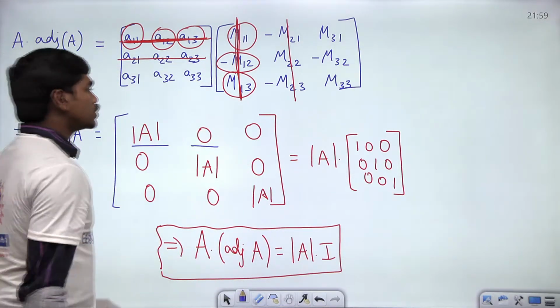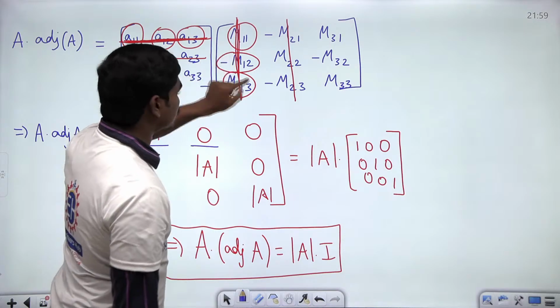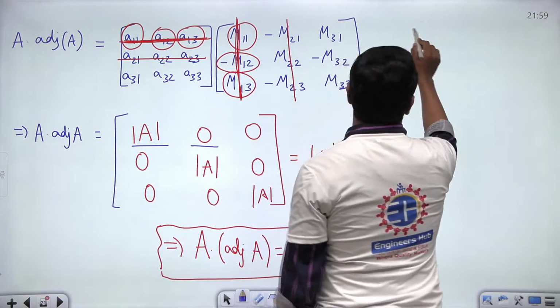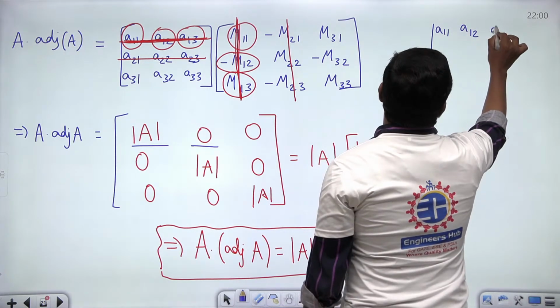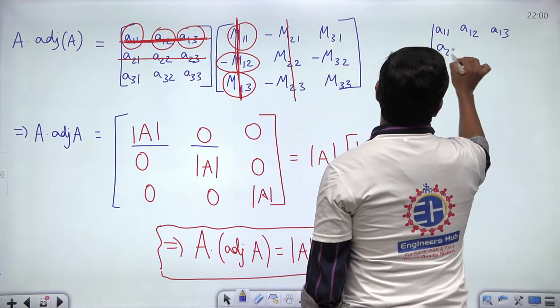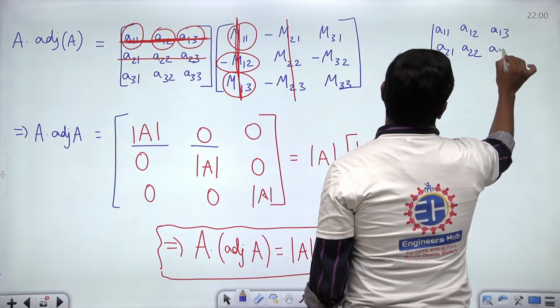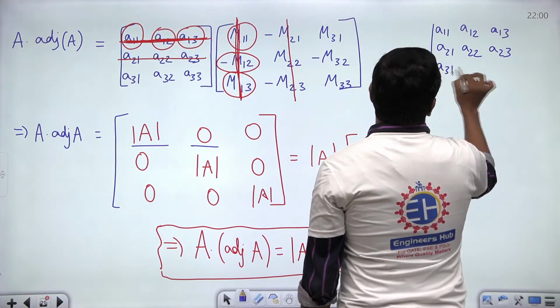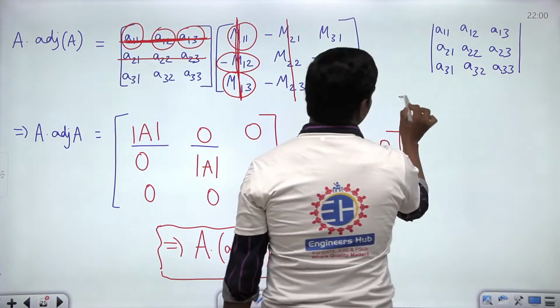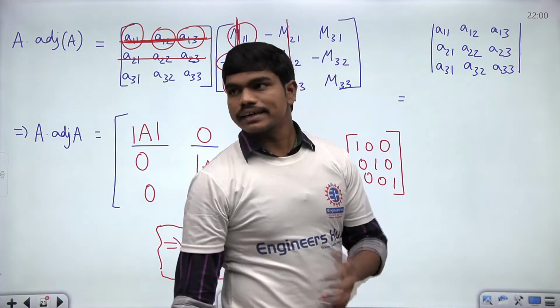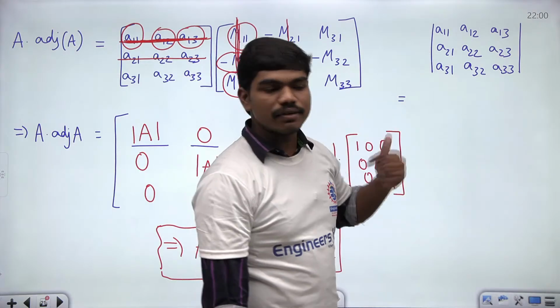I will show you for these two elements, and you can understand similarly for the rest of the elements. Whenever you are multiplying the first row with the first column, look what we will be having. Normally if you calculate this determinant with A31, A32 and A33, can you tell me what is the value of this? Please tell me whether it's correct or wrong.